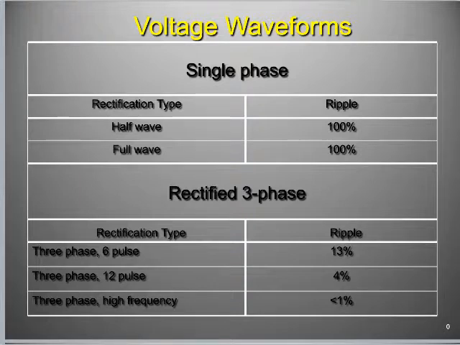Okay, so we're going to start chopping up this waveform. We can chop it up a bunch of different ways. The simplest way to chop it up is a half wave, right? That's what's illustrated on page 138, half wave rectification. It means that we were able to cut out all the negative, all the power going back to Pickwick Dam. We got rid of all of that, and we kept all of the power coming from Pickwick Dam.